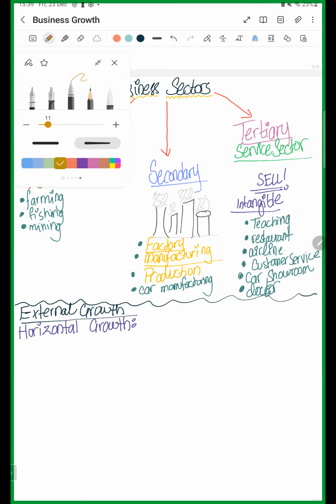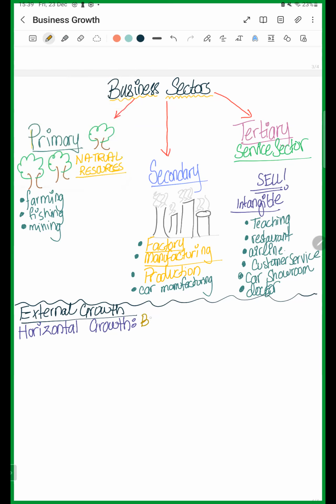Okay. So what happens is that businesses at the same level of production or sectors merge or take over or join together, whatever it is that they're doing.